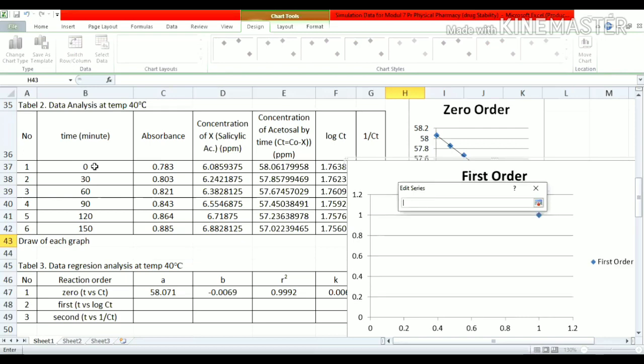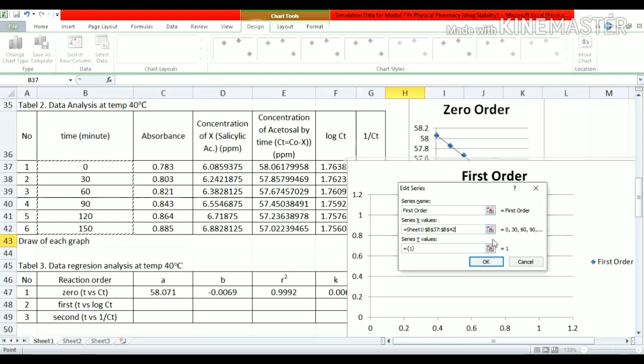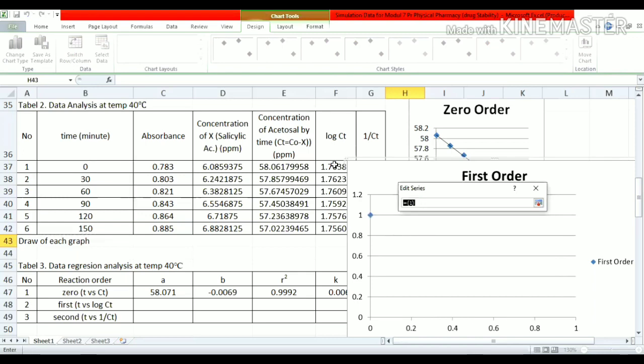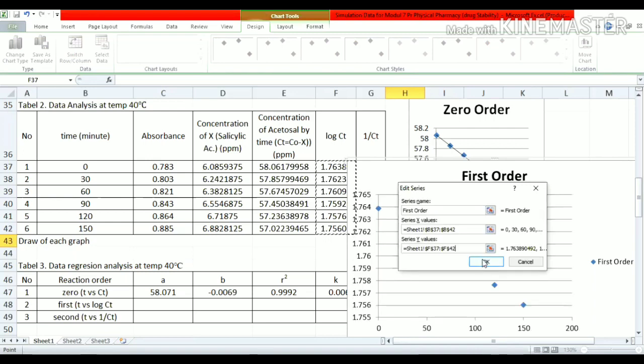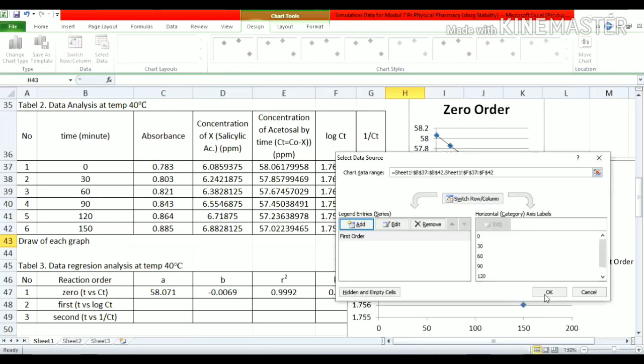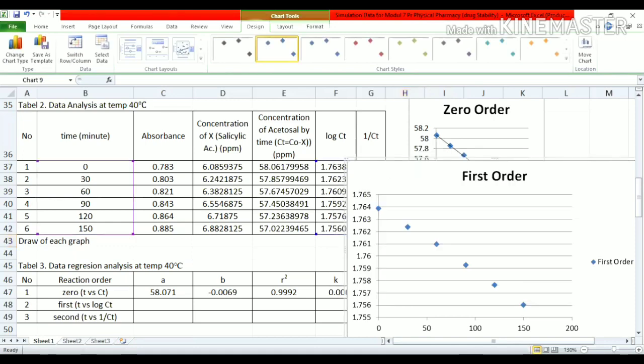We can make it smaller, or maybe we can add the trend line to know the R square. Put the linear and display the equation, and also display the R square on the chart. And we know the R value, and also the equation.